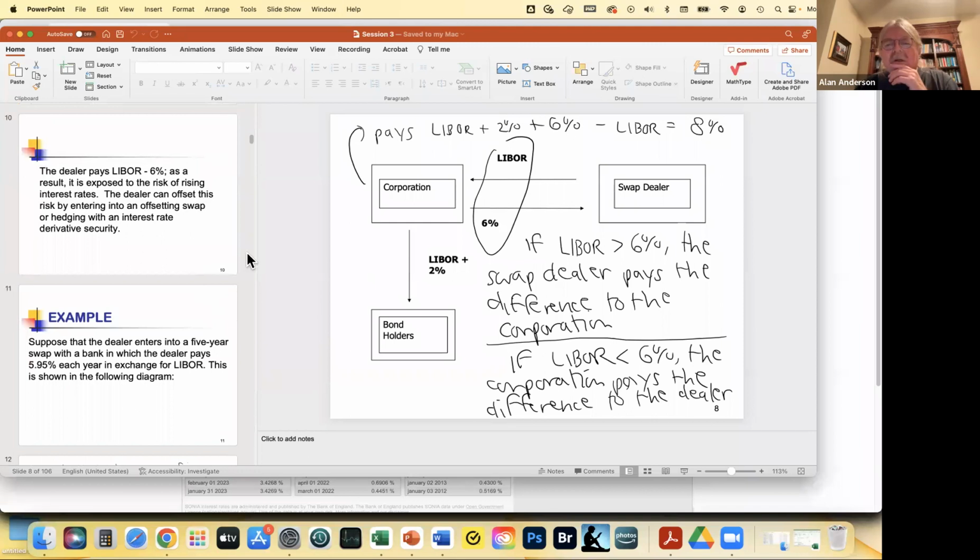Now, you're probably wondering, the dealer has now exposed themselves to the risk that LIBOR will go up. You can see that we're collecting 6% and we're paying LIBOR. So the dealer is not in the business of taking on risks.